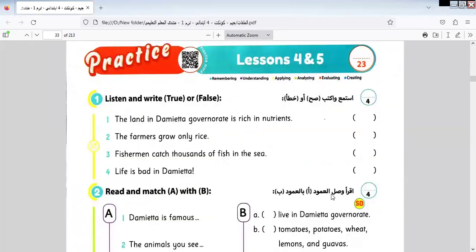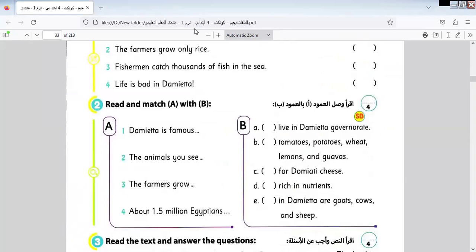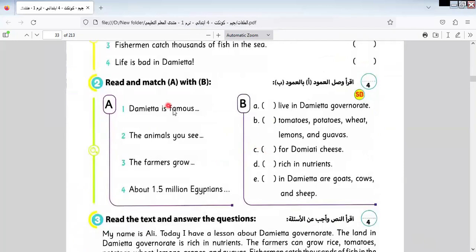Here we have this depending on listening. Domyat is famous for what? It's famous for, as we told you, Domyati cheese. So I select this one. The animals you see in Domyat, goats, cows, and so on. The farmers grow.